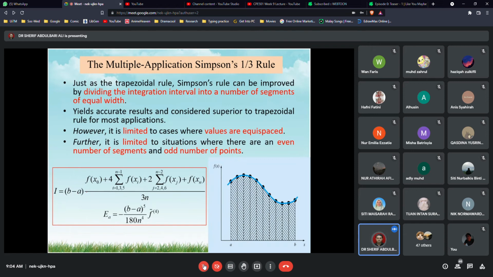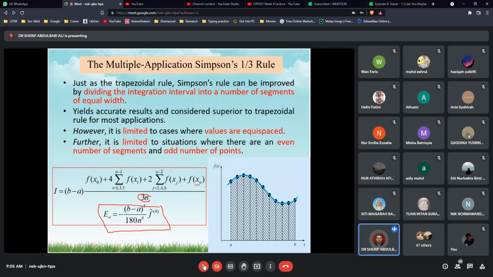The integral will be equal to b minus a, times the first point of the function, x0, plus 4 times the summation of the function at the odd points, 1, 3, and 5, plus 2 times the summation of the function at the even points, plus the last point, over 3n, where n is the number of segments. And this is how to calculate the approximate error. You need to find the mean of the fourth derivative of the function.